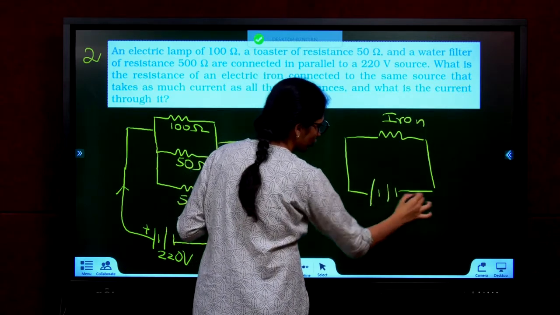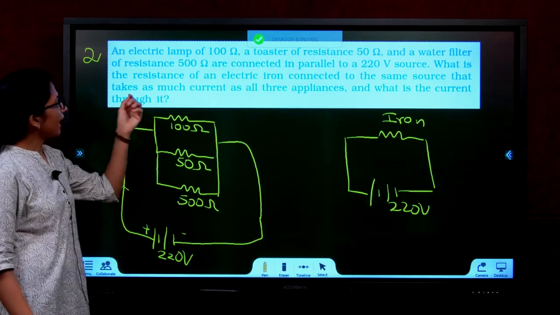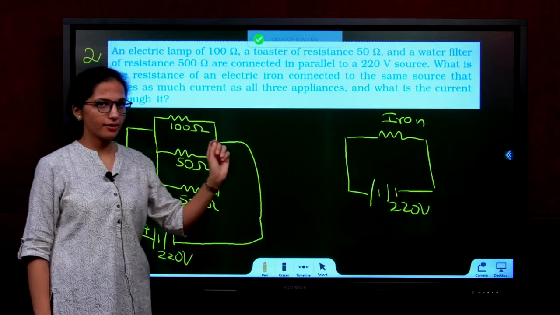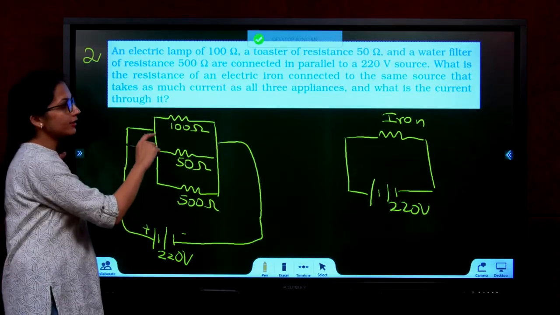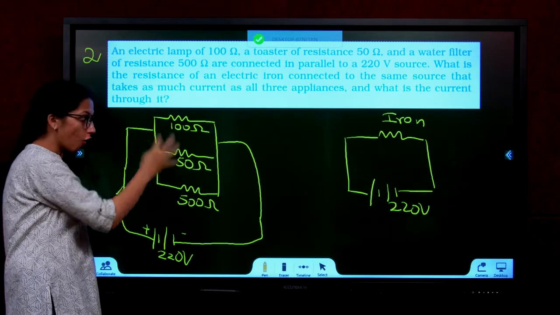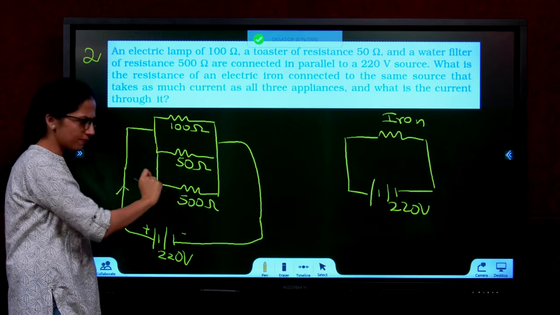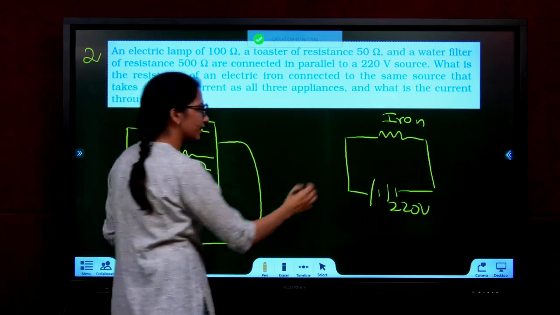Even this is connected to 220 only. And it takes as much current as all three appliances, as much as all these together, that single iron is taking.